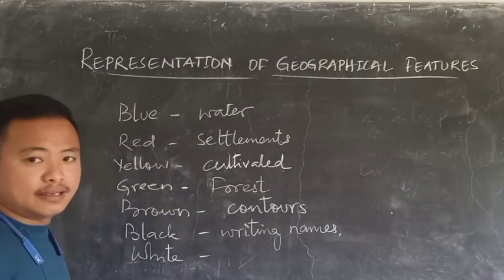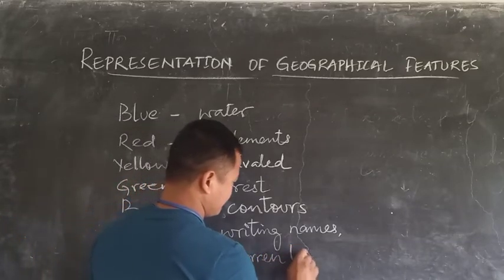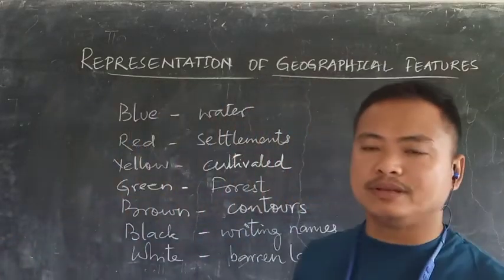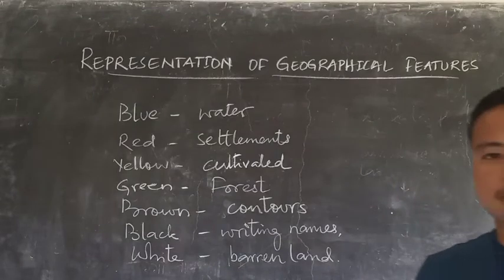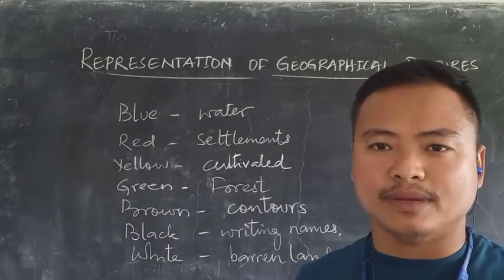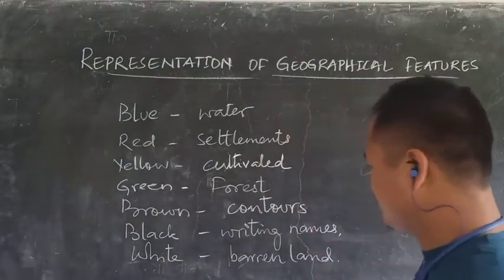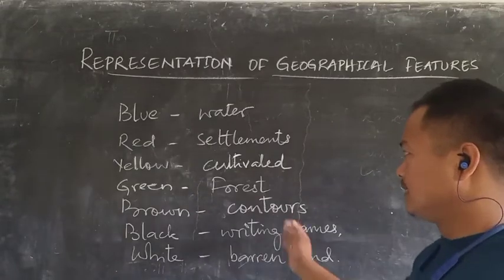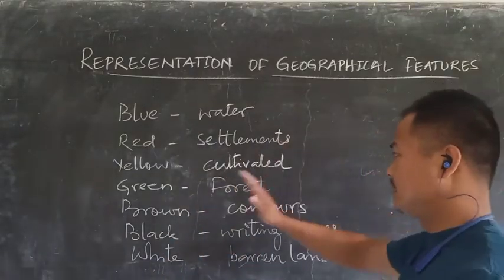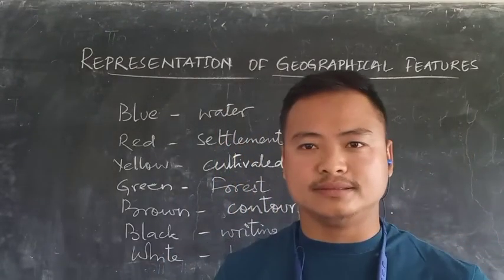This white represents barren land. So these are a few conventional colors used in a topographical map that help us in understanding the map. Apart from these that you see here on the board, there are also other features that colors symbolize, right? It's not just this that it symbolizes.